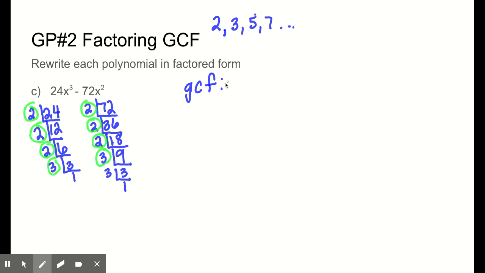So our GCF is going to be 2 times 2 times 2 times 3. So 2 times 2 is 4, 4 times 2 is 8, and 8 times 3 is 24. So this 24 happens to be the greatest common factor of 24 and 72, because both of those numbers are divisible by 24.